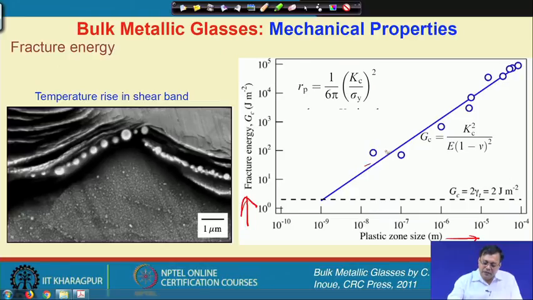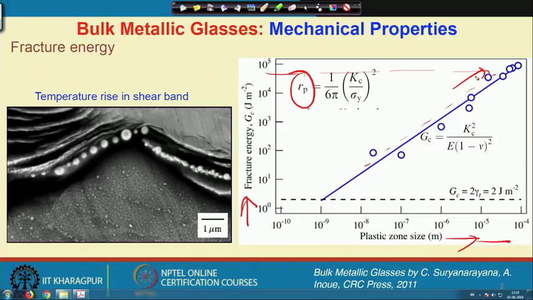People have measured these values and observed that the plastic zone size is higher in the case of higher fracture energy, which is also very high. The plastic zone at room temperature requires formation of shear bands, because that is the only way a metallic glass can accommodate strain at low temperature. Low temperature here means room temperature.